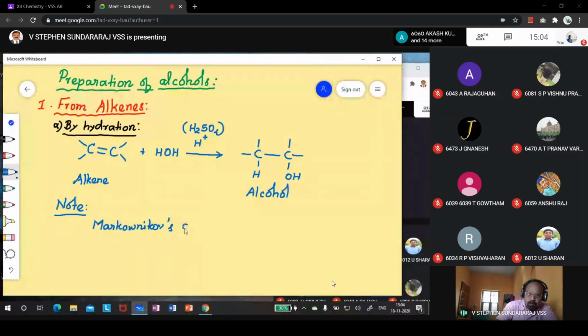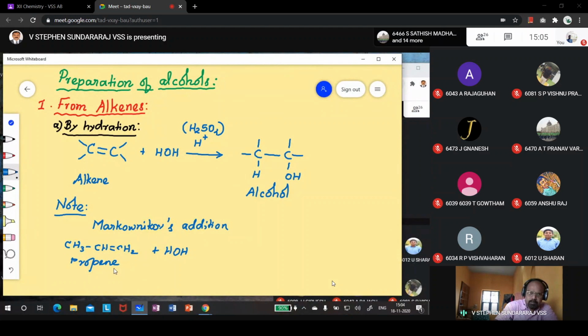I have shown only the double bond side. Suppose it is unsymmetrical, water though it is unsymmetrical. See, for example, CH3, CH double bond CH2. Okay, so this is propene. And plus HOH, water, H plus OH.